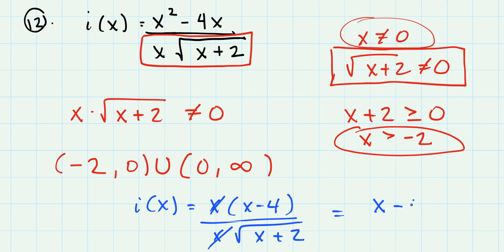And this is the same thing as x minus 4 divided by the square root of x plus 2. Well, not quite. Your original function had an x in the denominator. This is the simplified version. It's not actually equal to this. It is the same thing, but you're ignoring that you had an x in the denominator.